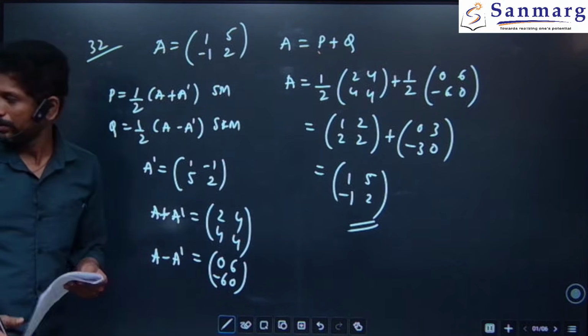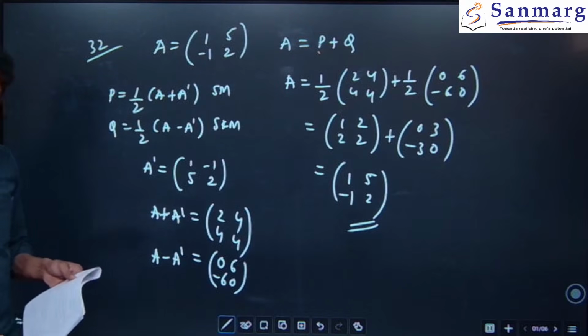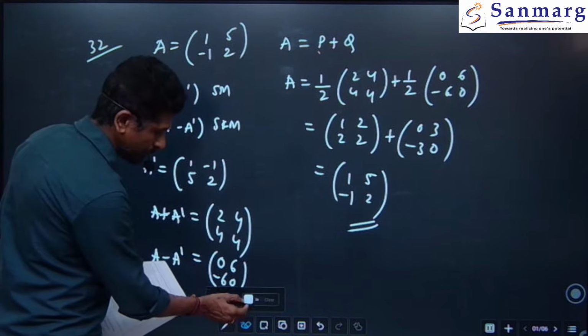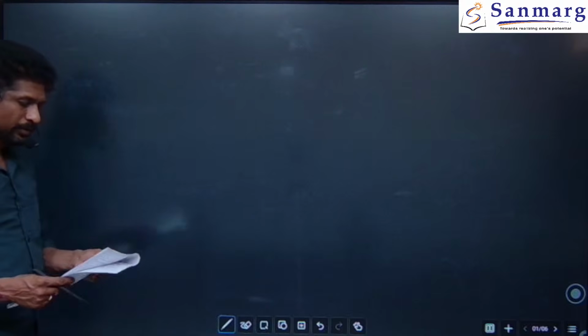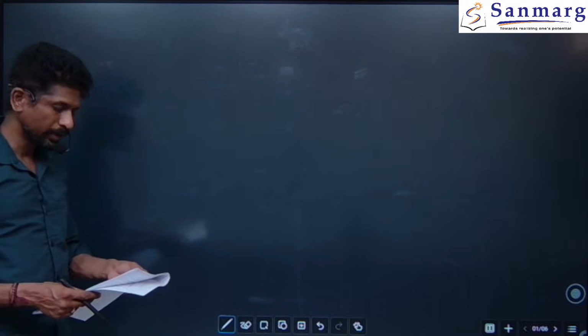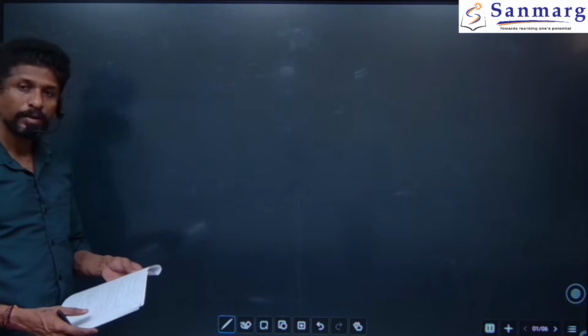Next I will go with the fourth one. One is in the relation function, second was in the ITF, third one was in the matrix concept.